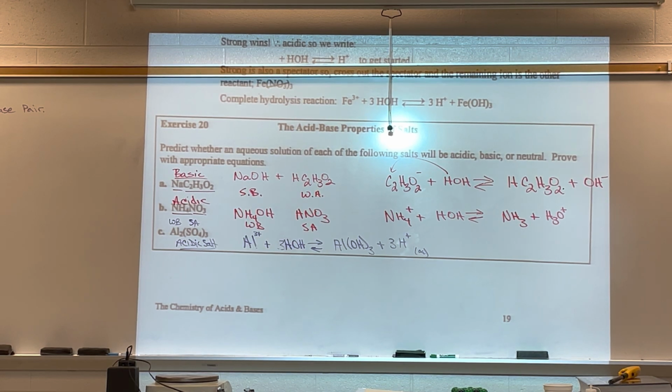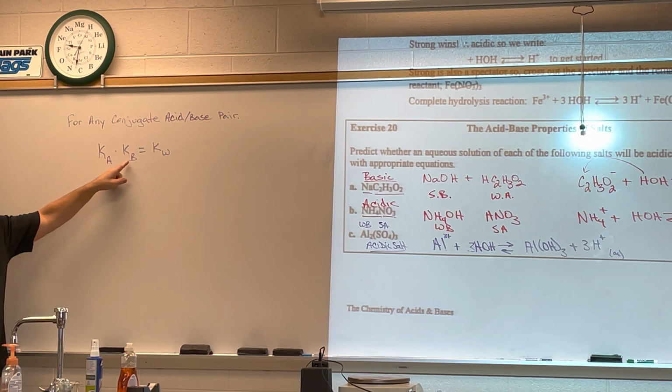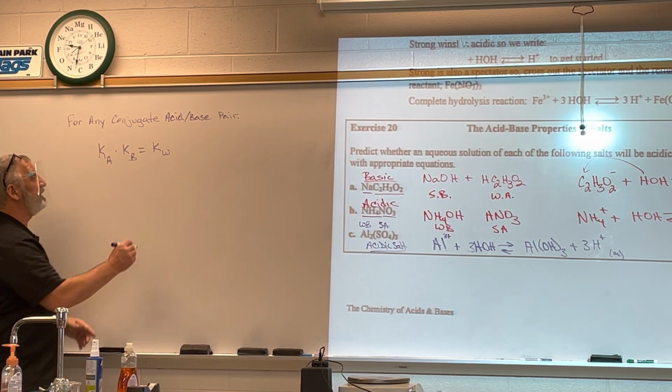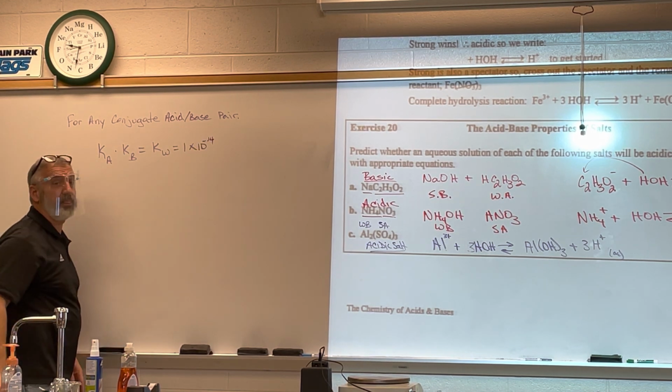So in other words, the Ka of the acid times the Kb of the conjugate base is always going to equal Kw, which is a constant, 1 times 10 to the minus 14.